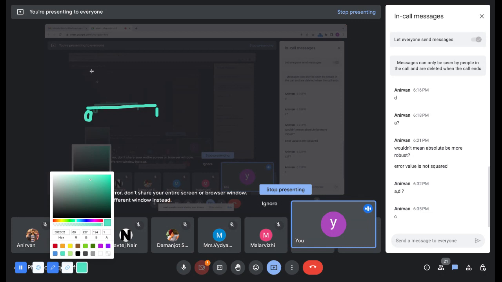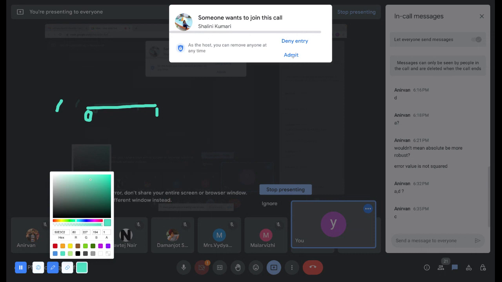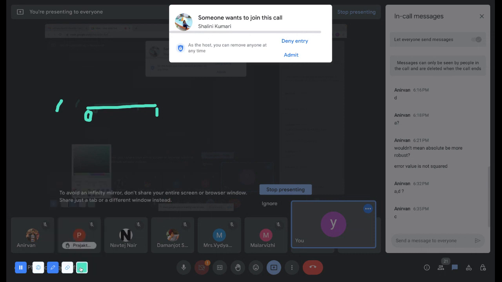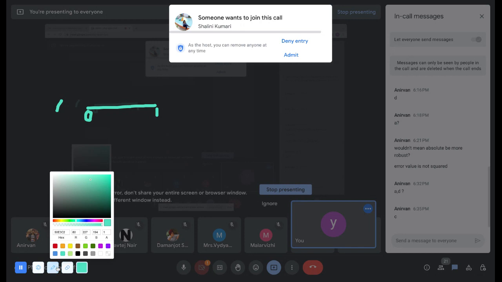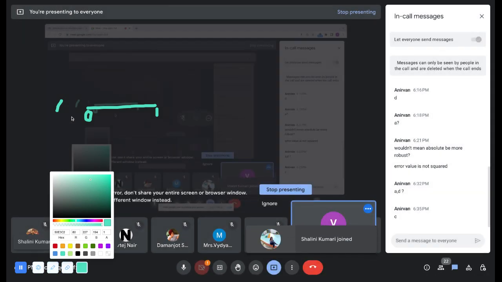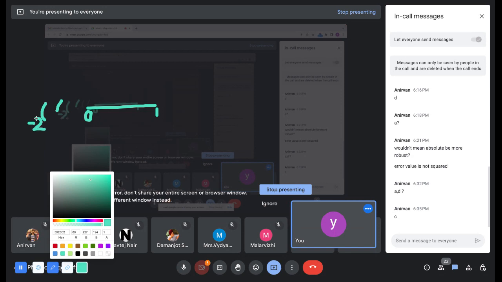Let's say class 0 has a variance of 2, which means class 0 points vary from -2 to 2.